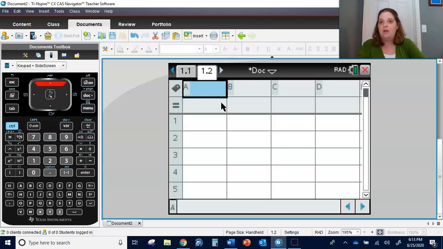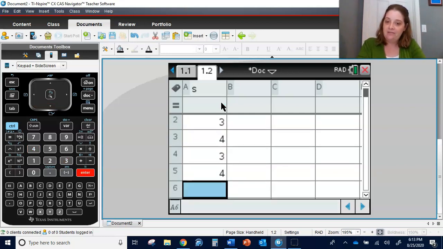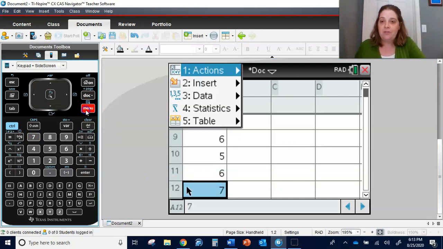I want all the different combinations. So I'm going to call this S for the sum of the 2, and I'm going to enter them: 2, 3, 4, 3, 4, 5, 4, 5, 6, and 5, 6, 7. There are my values, and I'm going to run the one variable statistics.